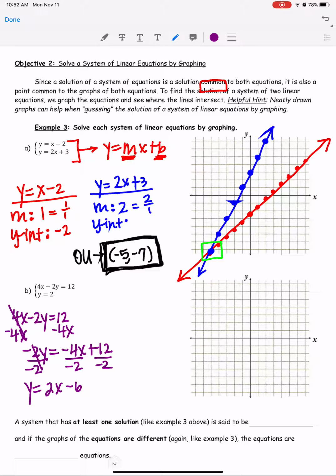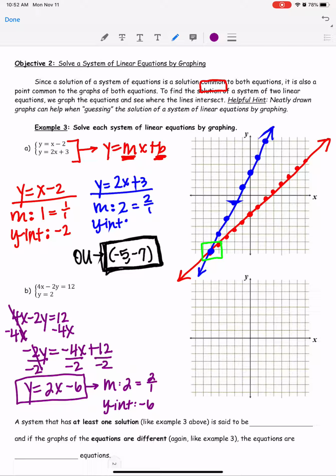Okay, so out of this, now my slope is 2, which is 2 over 1. And my y-intercept is negative 6.